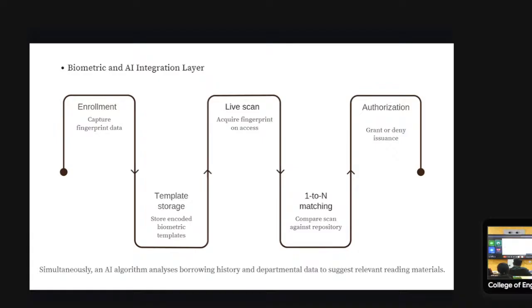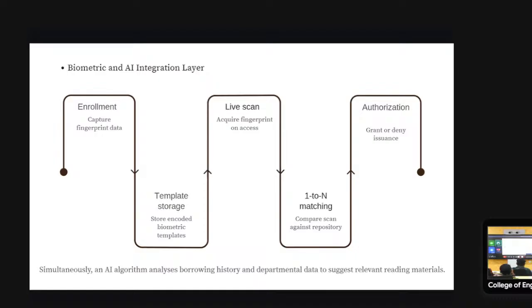First, we capture the fingerprint during scan, we acquire the fingerprint on access, and this fingerprint is then matched against the repository. If the matching is successful, it is authorized and we grant the issuance, or it is denied.